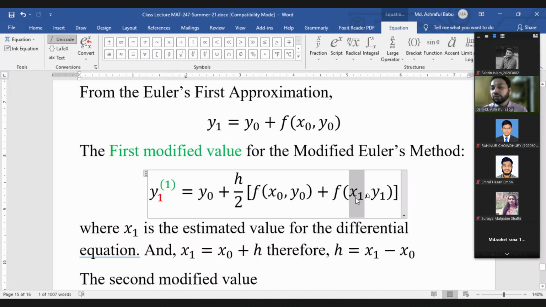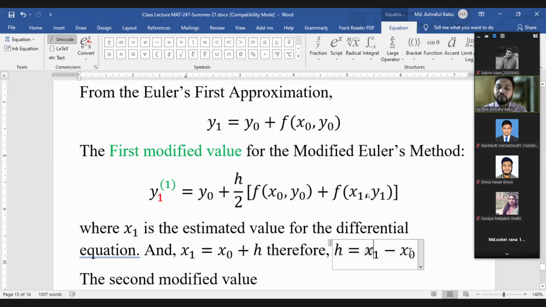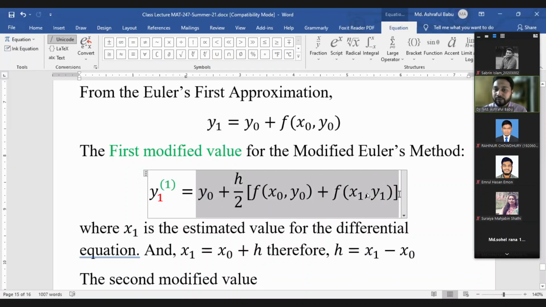If x1 is given, we can easily calculate h equals x1 minus x naught. You get this? So now you can calculate this equation and find y1.